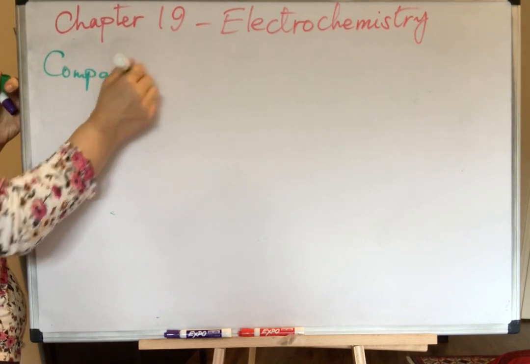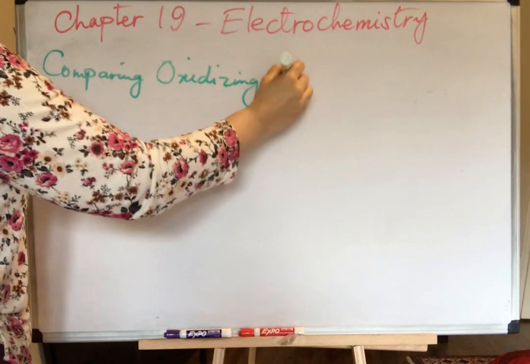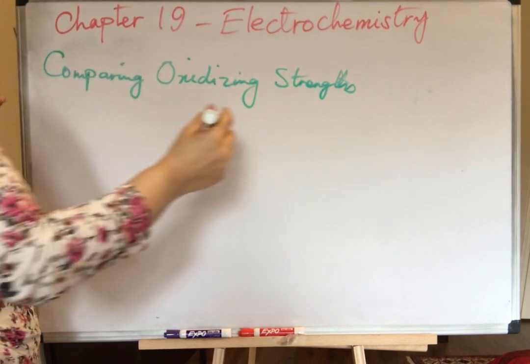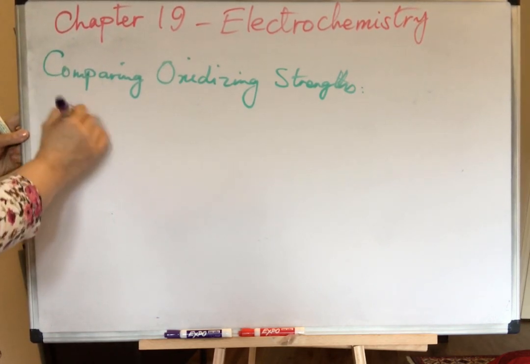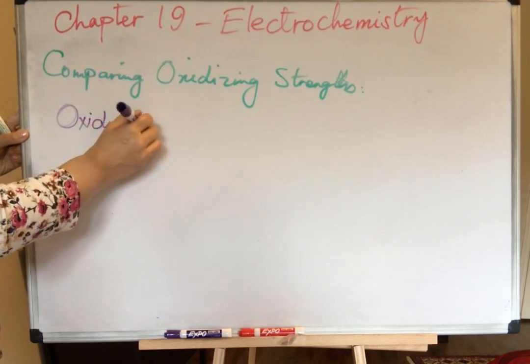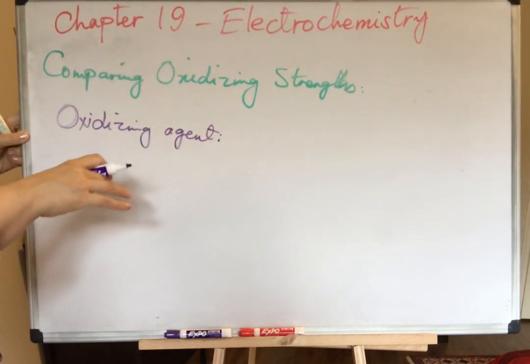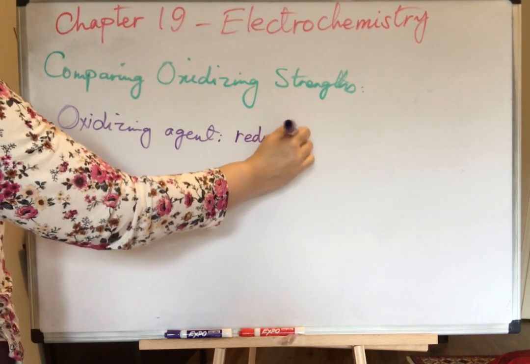Comparing oxidizing strengths. If you look back at slides 60 and 61, we know the oxidizing agent, you remember it from Chem 1. Oxidizing agent means the substance that forces oxidation in the other substance. So it will be reduced itself, correct? Reduced itself.